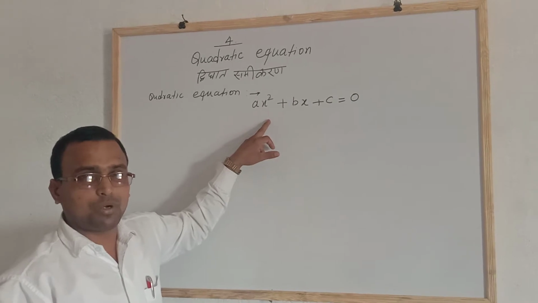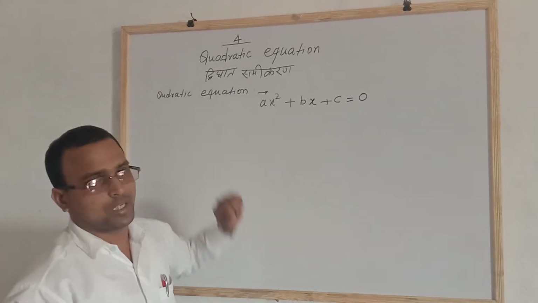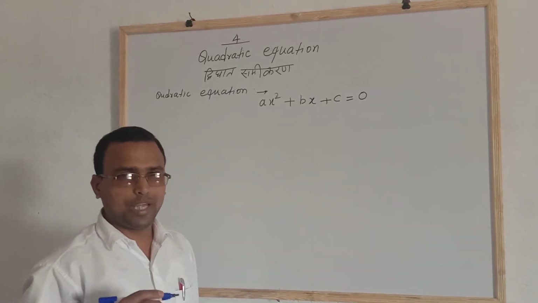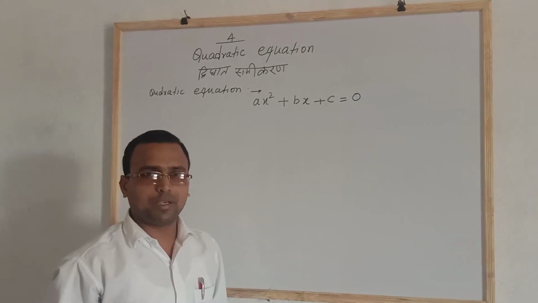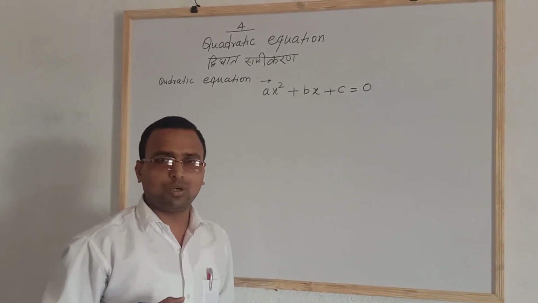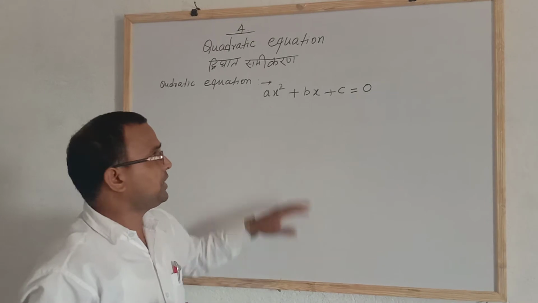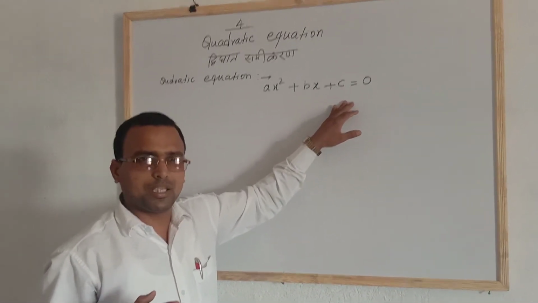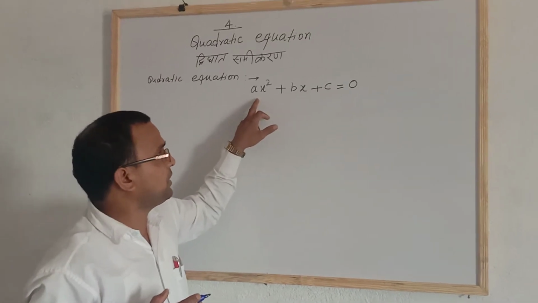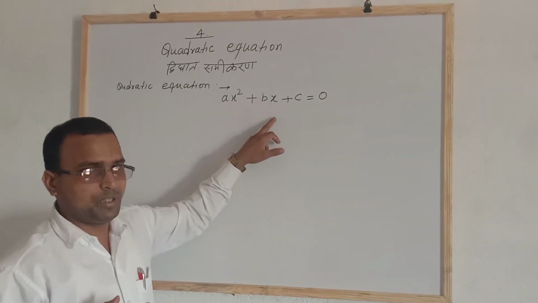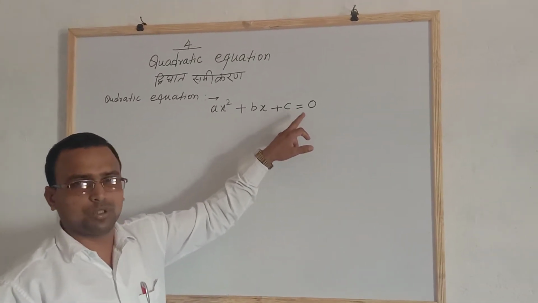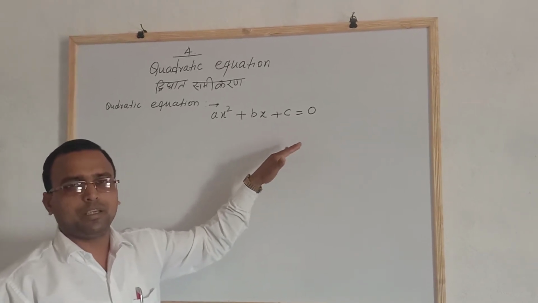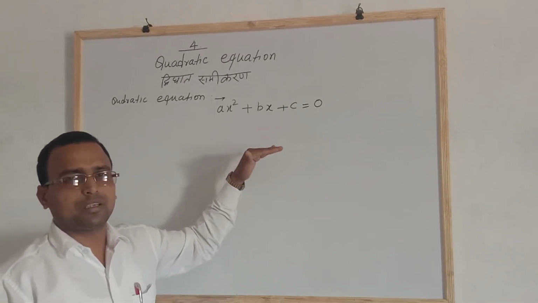So it is called quadratic equation. If we have to check whether this equation is quadratic, yes or no, then you can check by this pattern. If the equation is in the pattern ax square plus bx plus c equal to 0, then we can say this is a quadratic equation.